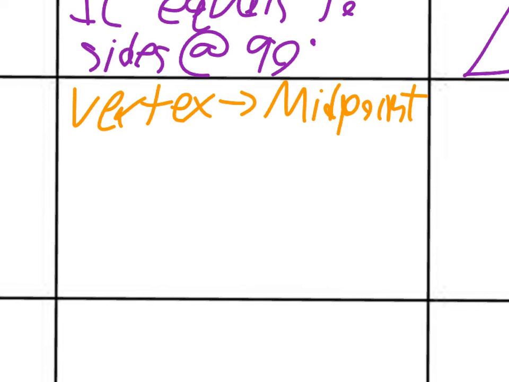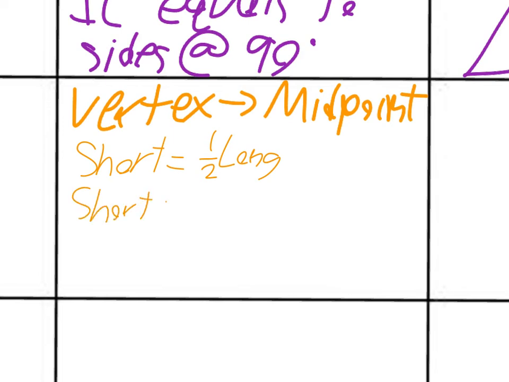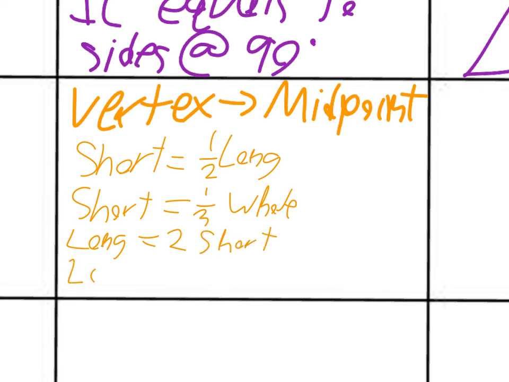Short segments are equal to half of long segments. Short segments are equal to 1/3 of the whole median. Long segments are equal to twice the short segments. And long segments are equal to 2/3 of the whole median.